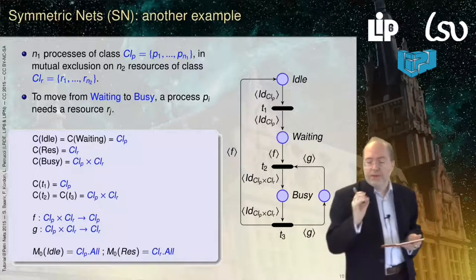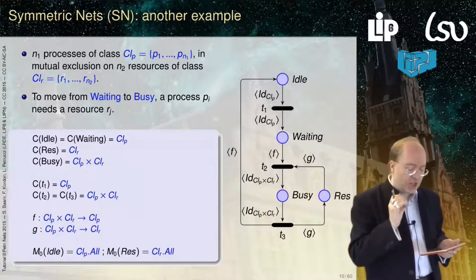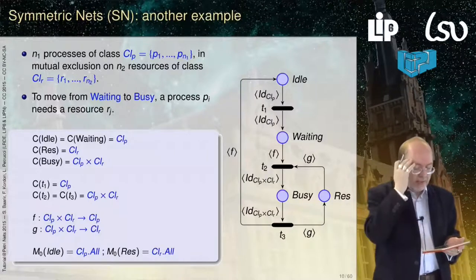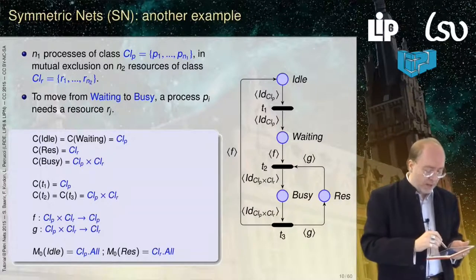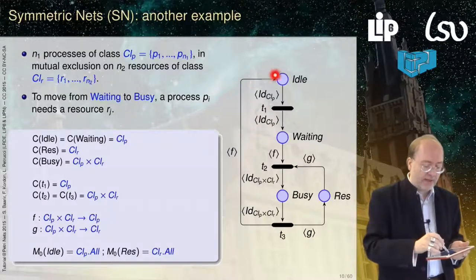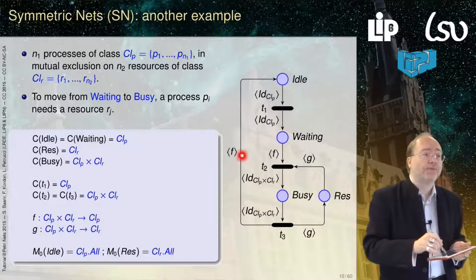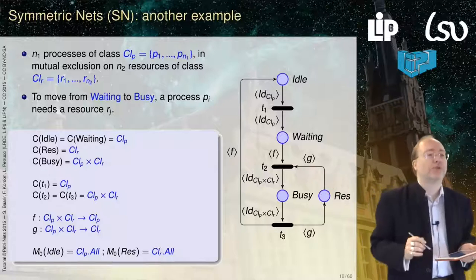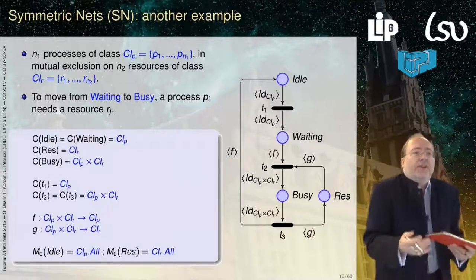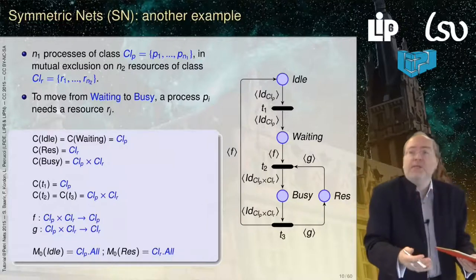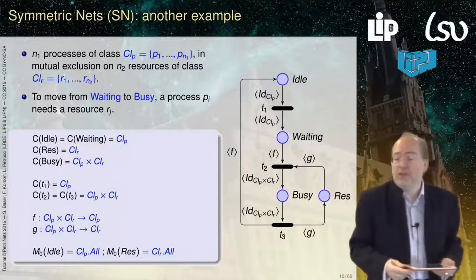Here, the example has been changed a little bit. In fact, we consider here that to have this process being executed, we need to use a resource. For example, a core. We must decide that this process will execute on a given core.